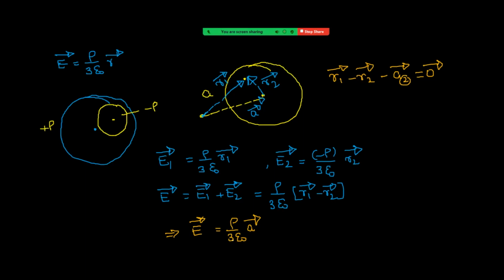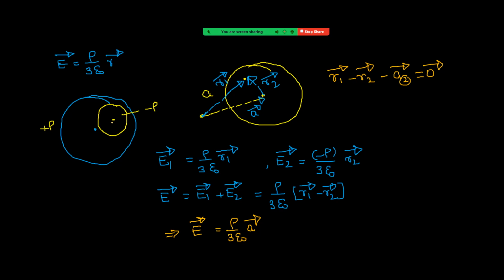See what is the meaning of this. Rho is a constant, epsilon naught is a constant, modulus of A bar is a constant. Means the magnitude of the field at any point inside the cavity is the same. I am repeating, the magnitude of the electric field is the same at any point inside the cavity. Next, what about the direction? The direction is from the center of the bigger sphere to the center of the cavity.